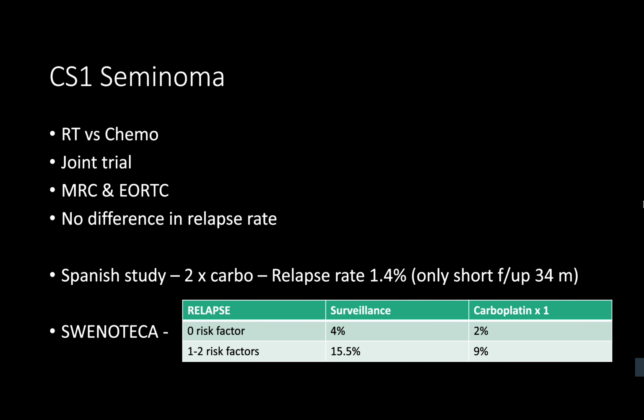In the second year, usually it is done at 24 months. For the third year, the patient will be seen in the clinic with a tumor marker every 6 months. However, the CT scan will be done only once, at 36 months. For years 4 and 5, the patient will be seen once yearly with a tumor marker, and the CT scan will be done at 60 months. So this is the follow-up for stage 1 seminoma.